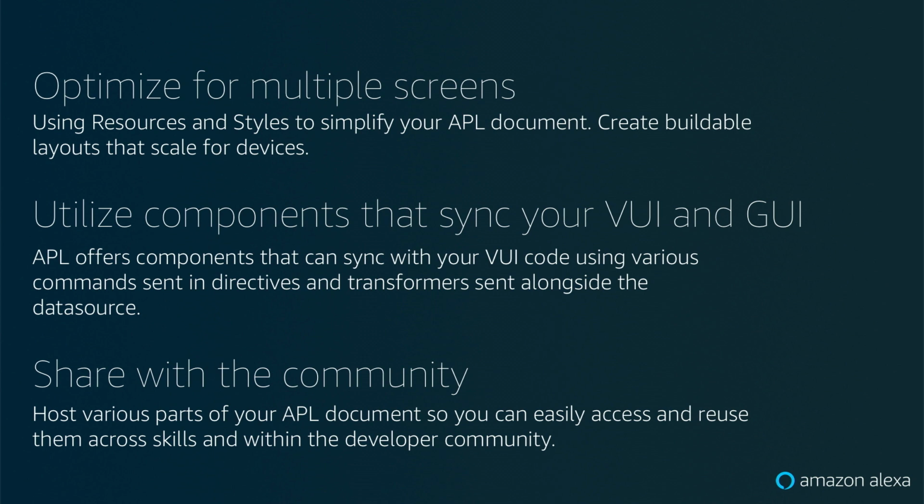Along with that, you want to make sure that your GUI and VUI make sense together and work as close to harmony as possible. So with that in mind, if Alexa is saying something, what you have on screen has to make sense with what she's saying. If I'm talking about puppies, I don't want to show graphs on screen. That wouldn't really make sense. So fortunately, we have some components built into APL.